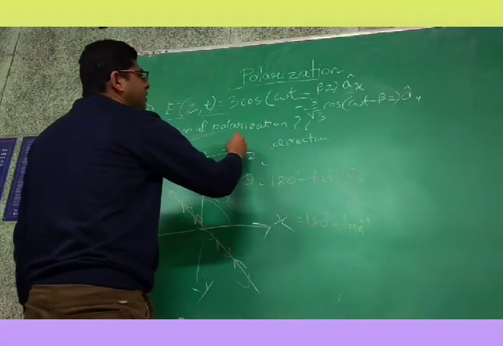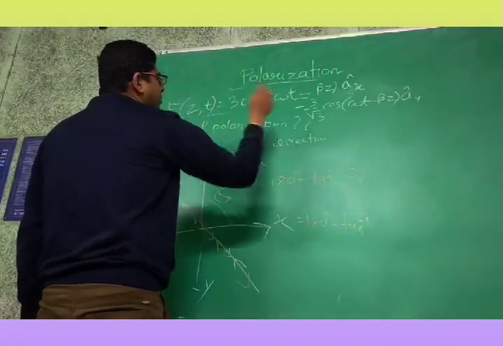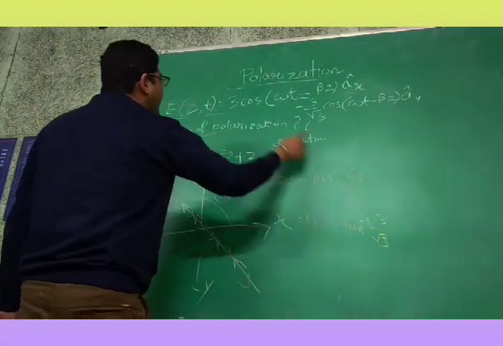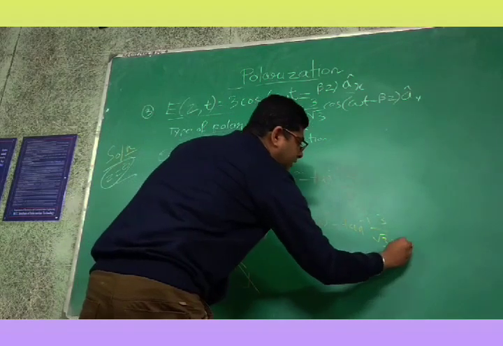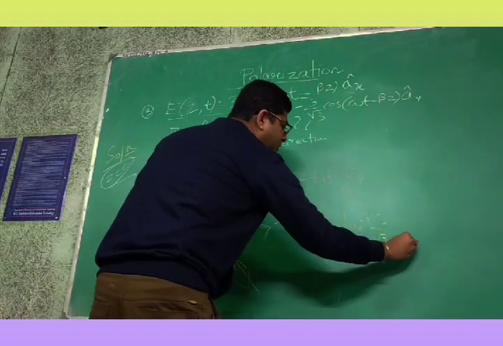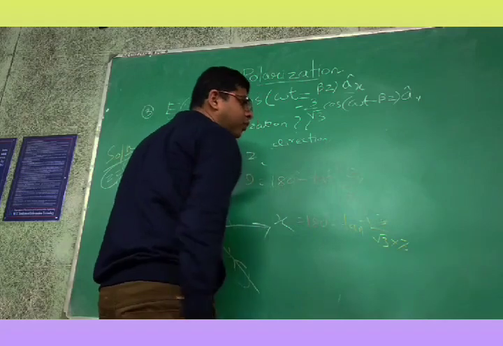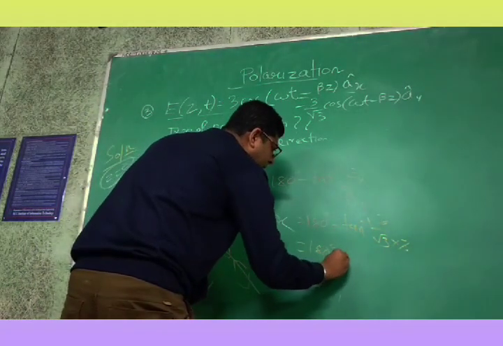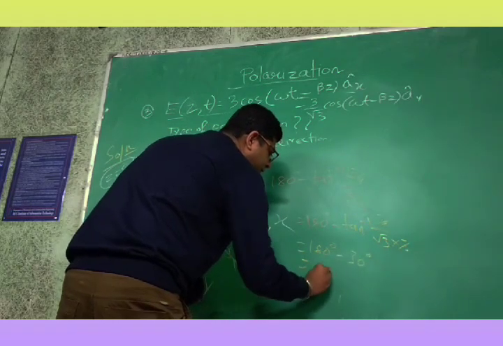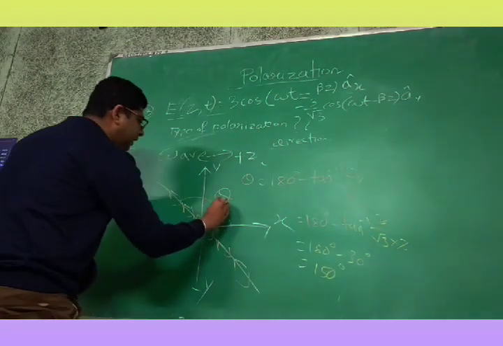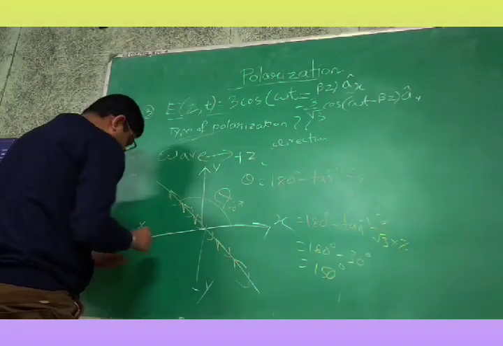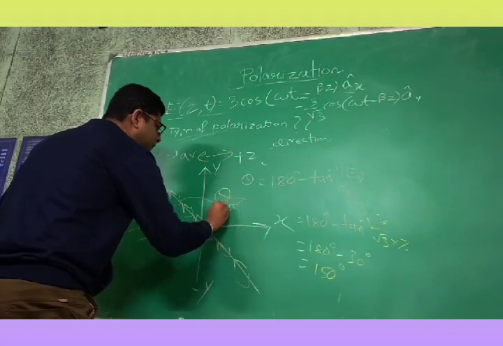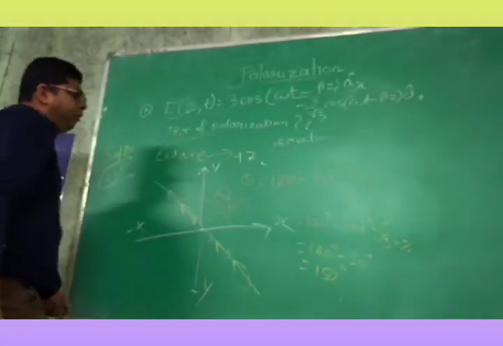Your Ey is how much? This is 3 by root 3, and your Ex is 3. So this will cancel out. So this is tan inverse 1 by root 3. Tan inverse 1 by root 3 is 30 degree, right? So 180 degree minus 30 degree is 150 degree. So the angle is basically 150 degree. This is the theta of linear polarization.